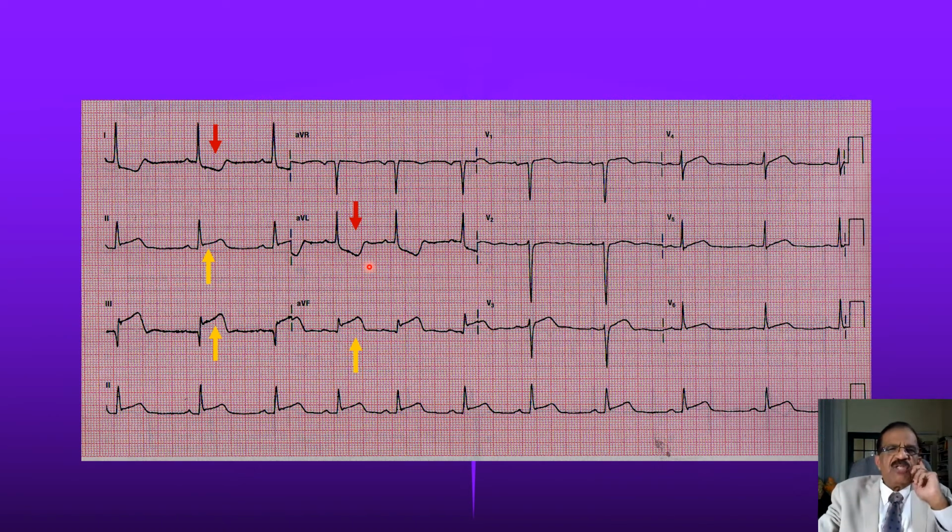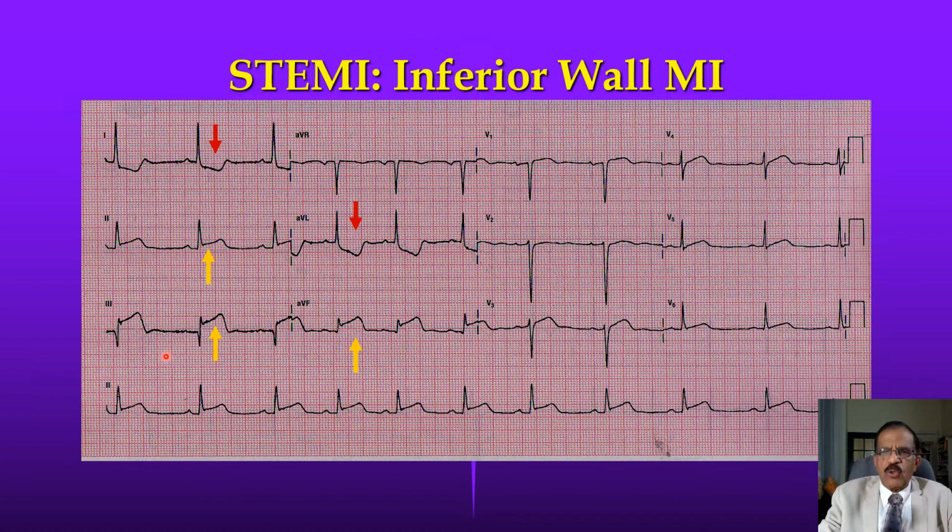So ST segment elevation in inferior leads would reflect as ST depression in 1 and AVL. So primary diagnosis is based on ST segment elevation. So the diagnosis of STEMI is very obvious. ST segment elevation in inferior leads. So inferior wall myocardial infarction, ST segment elevation.